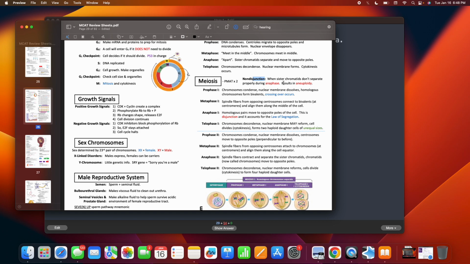So it is the junction, the attachment, the separation of the sister chromatids that don't separate properly during anaphase. And it is during anaphase that they come apart, the sister chromatids. So it results in aneuploidy. Why an-? Because anaphase maybe.